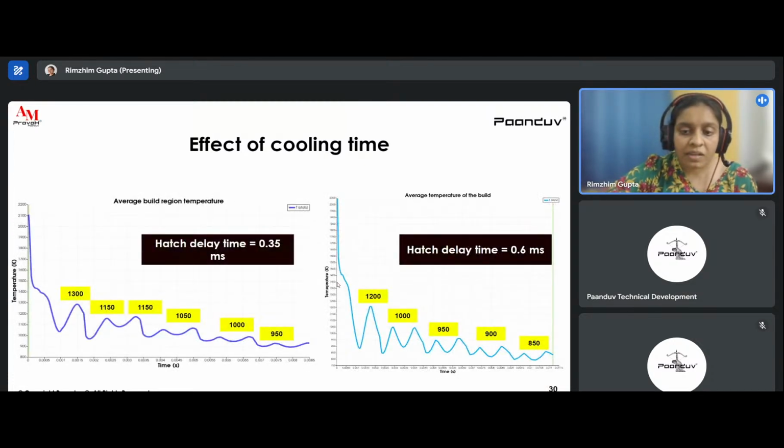The peak temperature for each build also increased when the hatch delay time is 0.35. That means it is experiencing a lot of heat cycles when the laser is moving from one direction to another, and the further movement of the laser is affecting the previous layers.